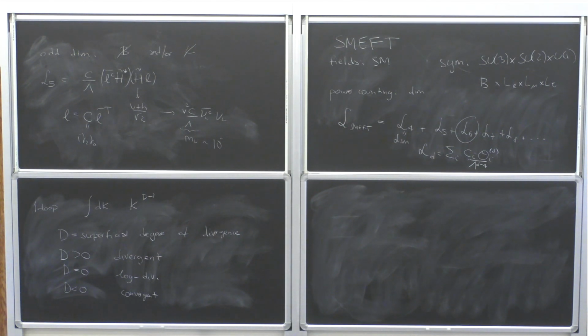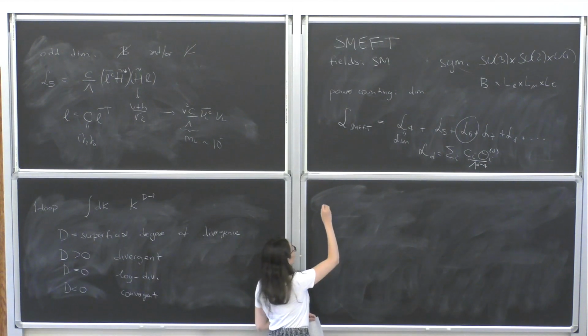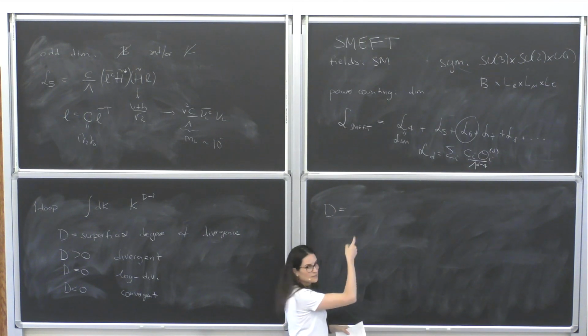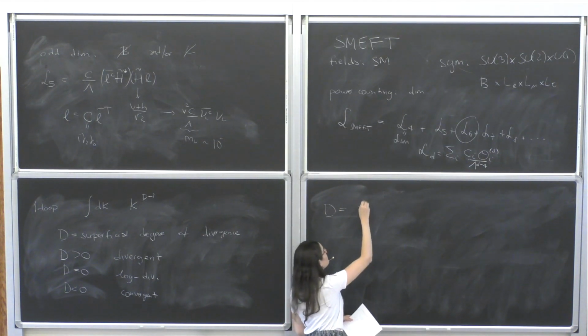Now, the trick is that you can do some combinatorics on which you can trust me. I can give you the final formula. Then if you want, you can play with it and convince yourself that this is right. There are many ways you can write this. So you can calculate this degree of divergence with this formula.